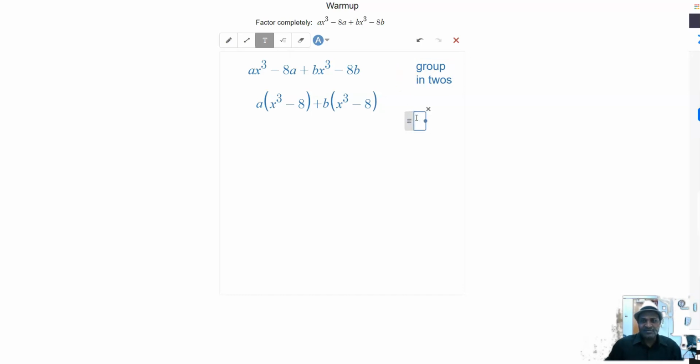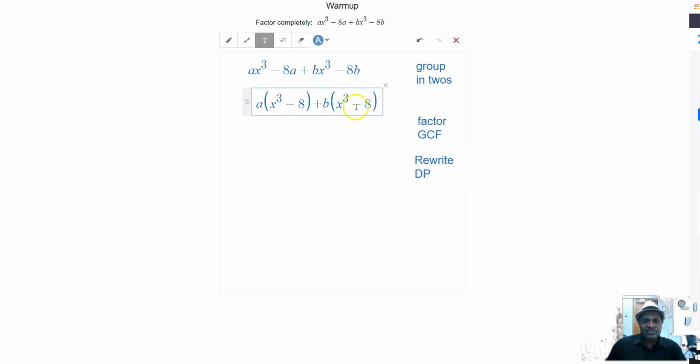The second thing we did was we factored the GCF. Okay, that's what we did. Then the next thing we're going to do is rewrite with the distributive property.